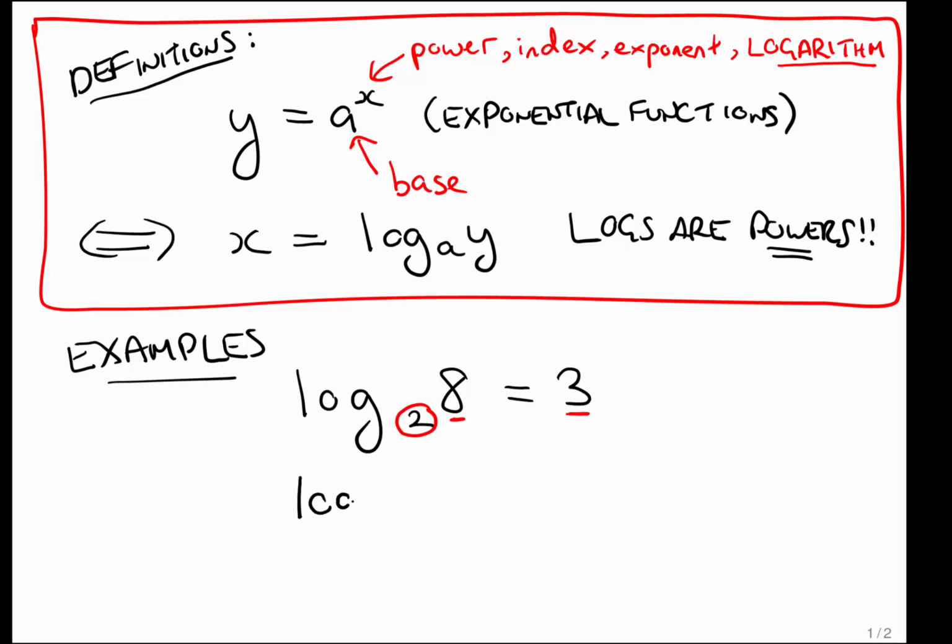The log of 1000 to the base 10 also turns out to be 3, because 10 cubed is what gets you 1000. Always be sure to specify the base when you're working with logarithms. Without a base, the logarithm itself is meaningless.